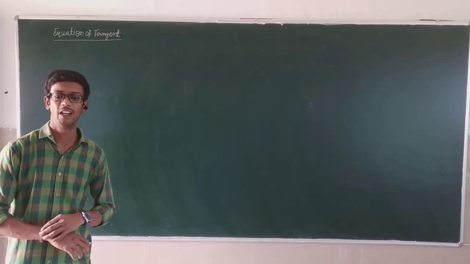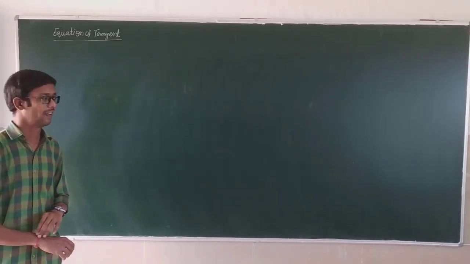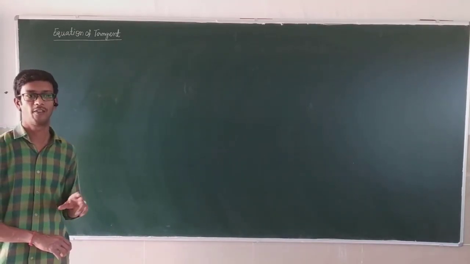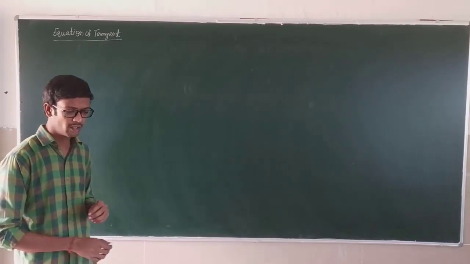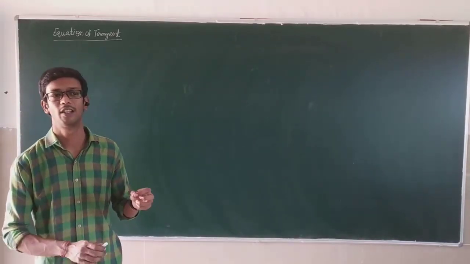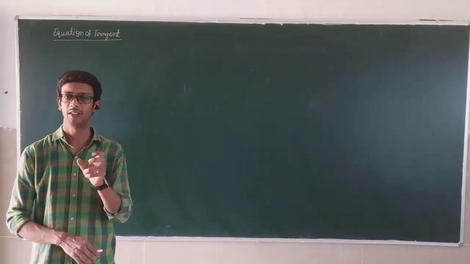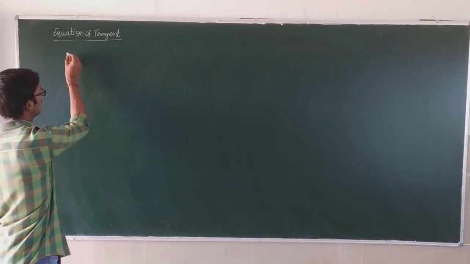Next, equation of tangent. Our main topic starts here. The equation of tangent: a tangent is nothing but a line, a line passing through a point and having a slope, so we will use the point slope form. First of all, we have to discuss the slope.